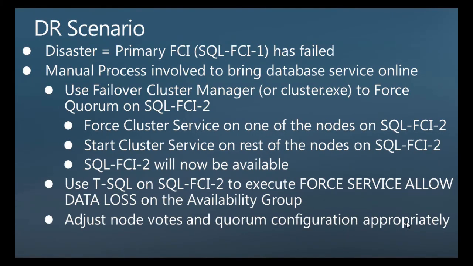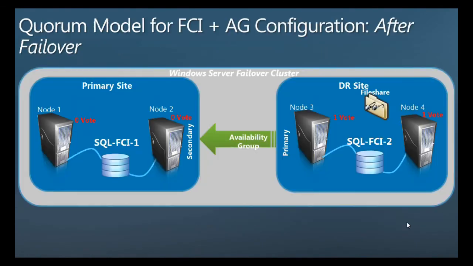After that command line, you need to adjust the votes in the quorum. So here is how, after the failover, the quorum settings, votes, and the replication direction look. Now you're replicating from the DR side to the primary side.